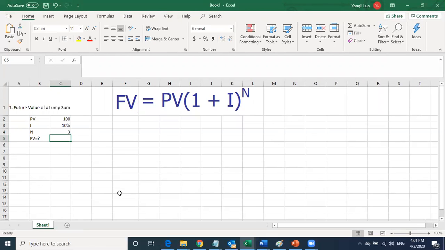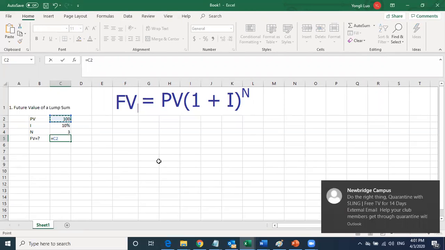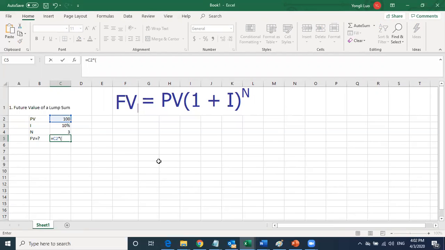In Excel, it's very easy to handle that, so that's why I recommend you use Excel. When you do time value of money, use Excel: equal to present value times, open parentheses, 1 plus interest rate, close the parentheses, and then use the hat sign, raised to the power of 3.